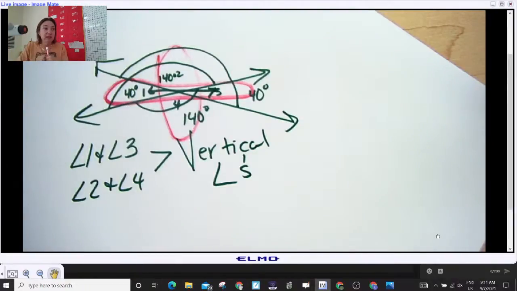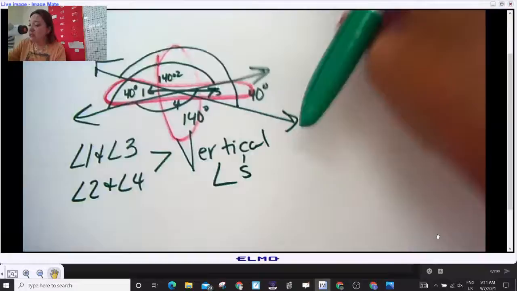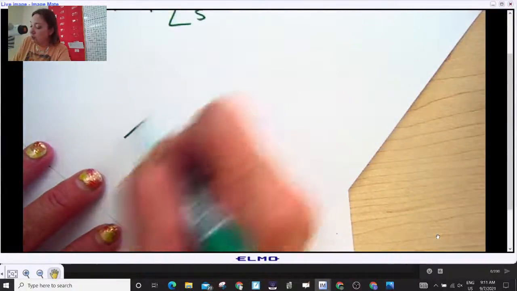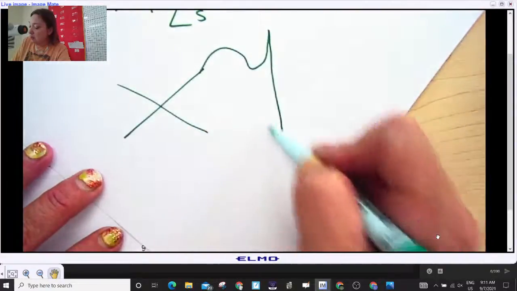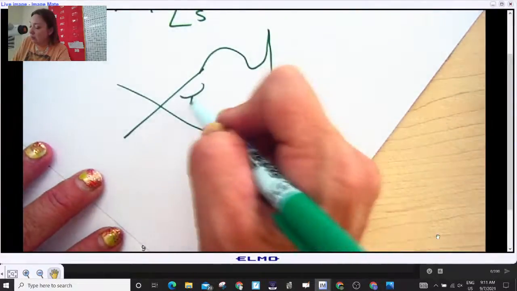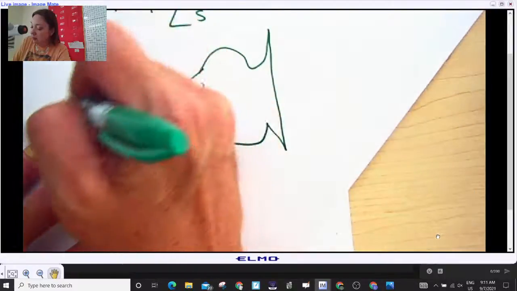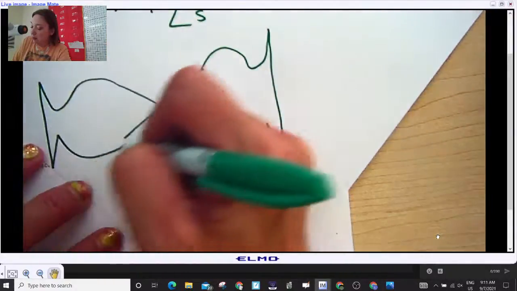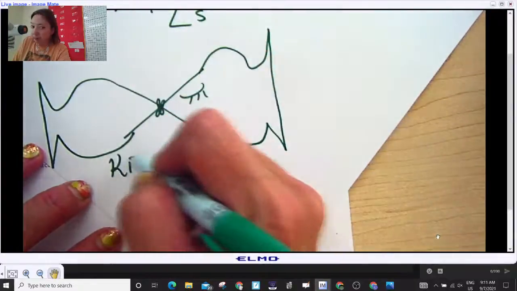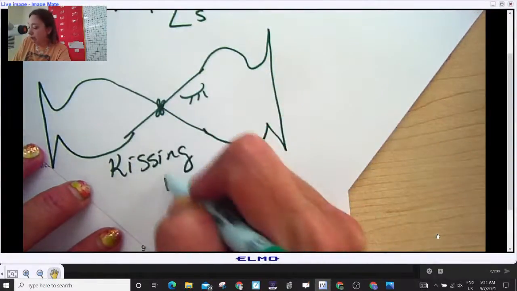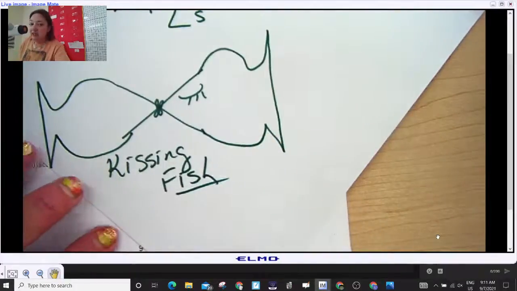Does that make sense? So I had this old teacher who used to teach this vertical angle thing, and he would do this little diagram. I'm not good at this drawing. He called them kiss and fish angles.